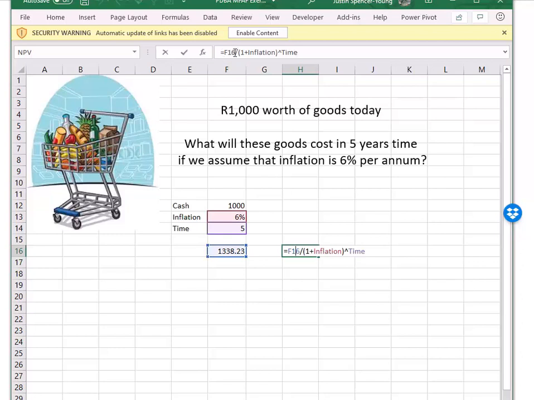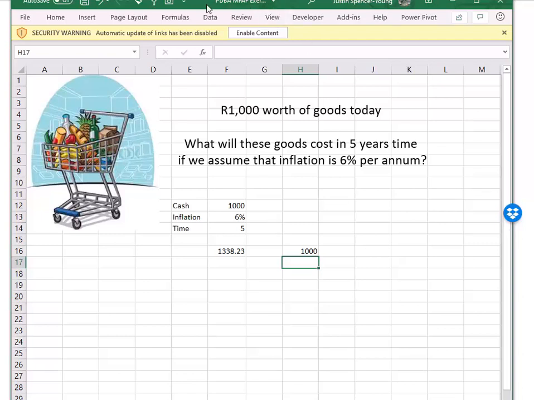We could say if this is the future value, and we are going to divide now instead of multiply by 1 plus the inflation rate to the power of time, and this is just a reverse calculation using the future value and the present value to show how these variables impact the results. So that's a very simple way of using it, and that's a way that we can use the formula.